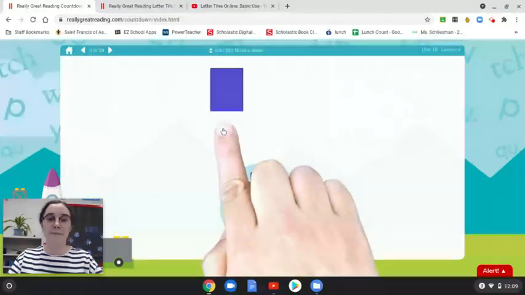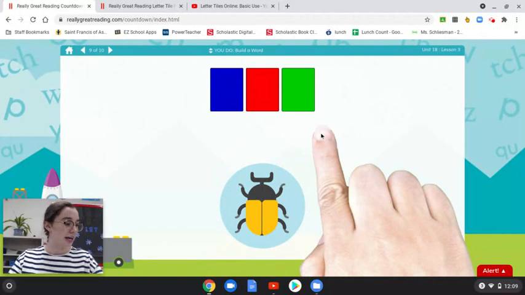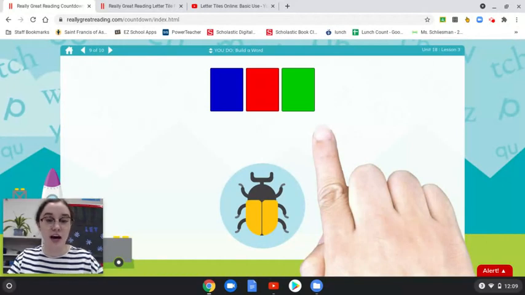Good. We should have B-U-G. Bug. Now, I want you to spell the word by placing one letter tile below each color tile that matches as you say its sound. Go ahead and spell the word with your letter tiles on your board.